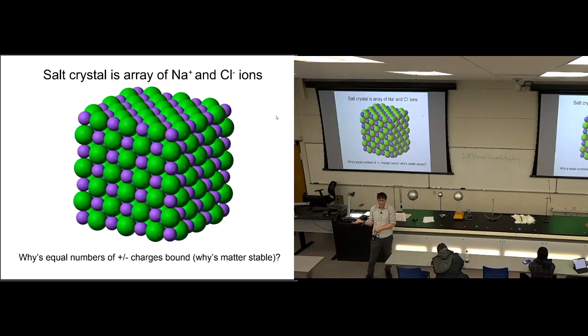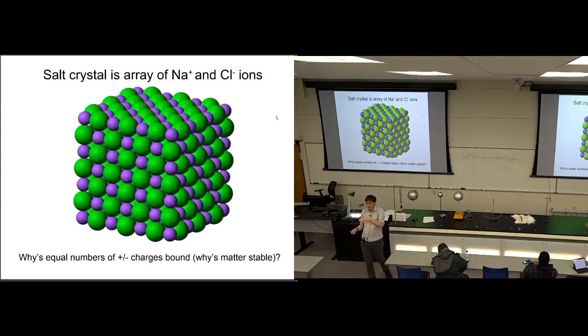So why is it that matter is ever stable? Why is sodium chloride ever stable? Why is matter stable when inside the matter you've got these charged building blocks that have equal numbers of attractive and repulsive forces? That's an interesting puzzle.